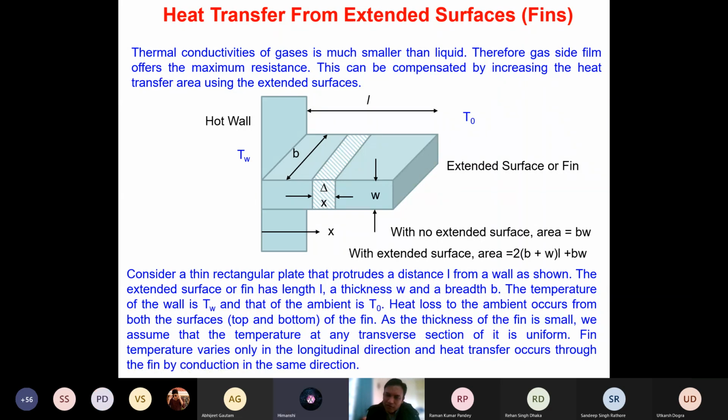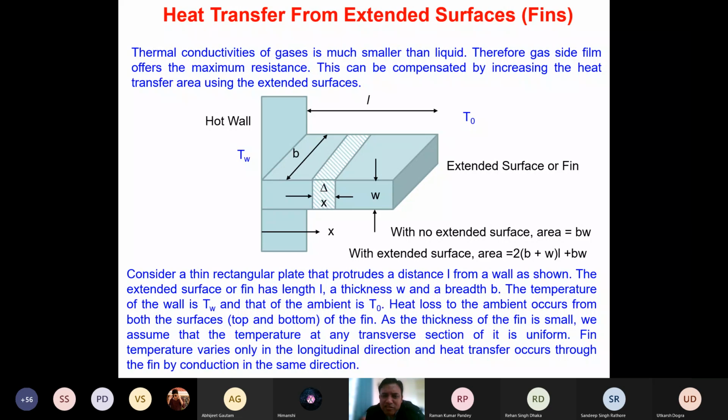Yes, sir. But another assumption we are taking here is that the width of this fin in a transverse direction, that means vertically down, is very small. Why is that assumption important?